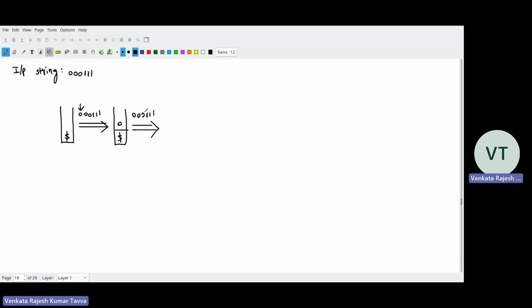Now the read write head is on the second 0. What should I do? Push it onto the stack. Now my read write head is on the third 0. So my input symbol is 0 and 0 is on top of the stack. What should I do? Push this 0.